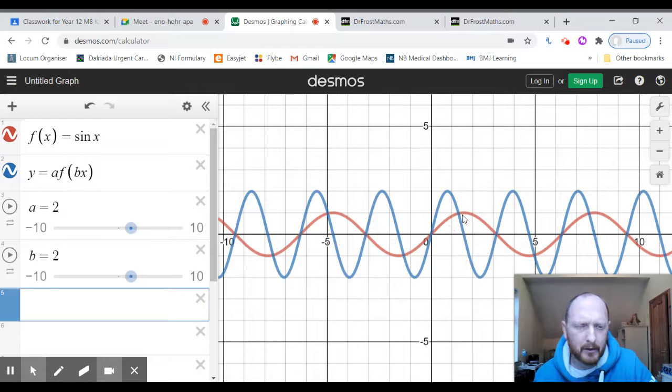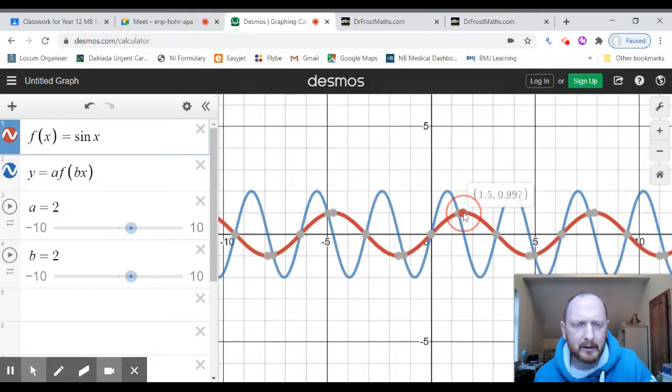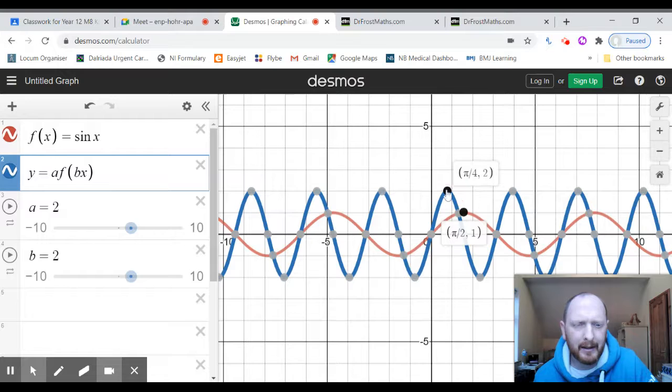It doesn't matter which order we do those. We can stretch it horizontally and then vertically, or vertically and then horizontally, and we'll still get to the same point. We'll still get from the maximum value to the maximum value, either way round.